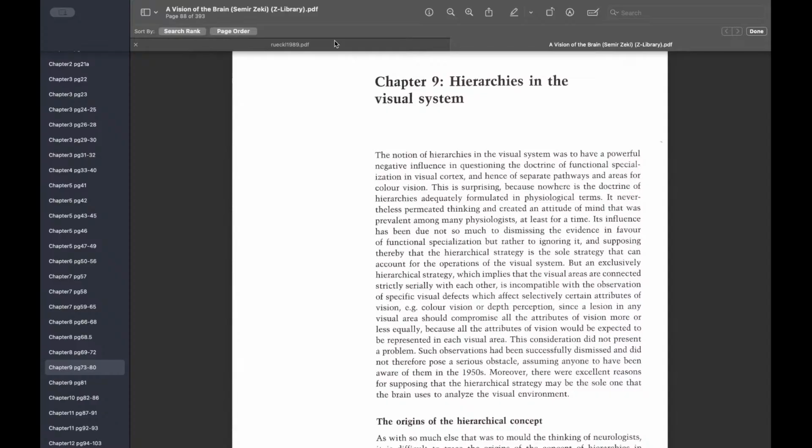So tonight I'll be speaking about neuroscience, vision and mapping.